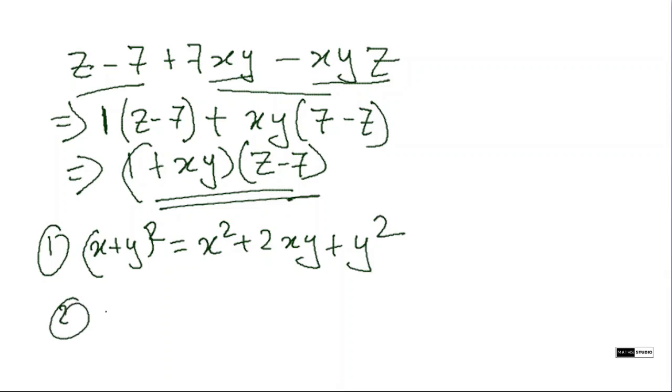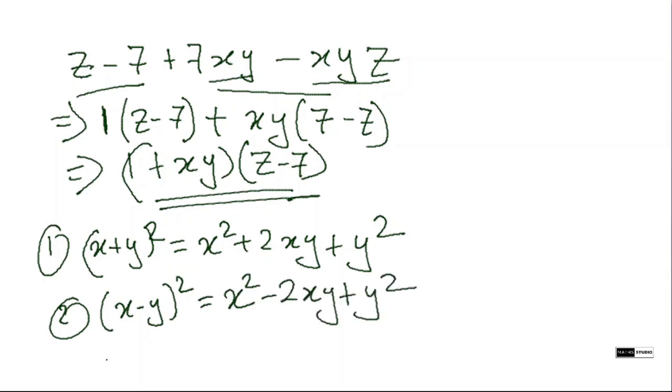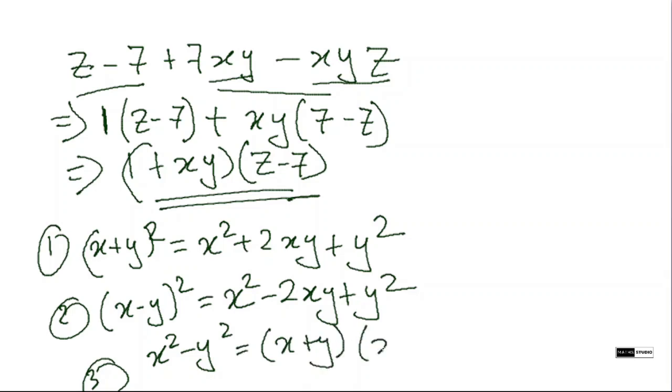The second is x minus y whole square is x square minus 2xy plus y square. And the third one is x square minus y square is equal to x plus y into x minus y. So using these three major identities, we are going to solve questions in this chapter for factorization.